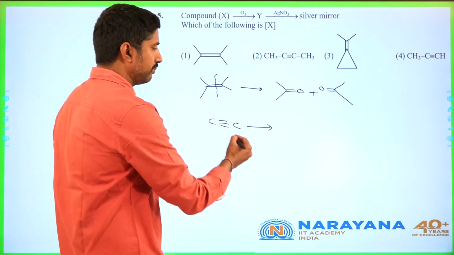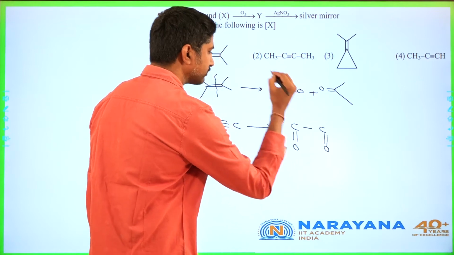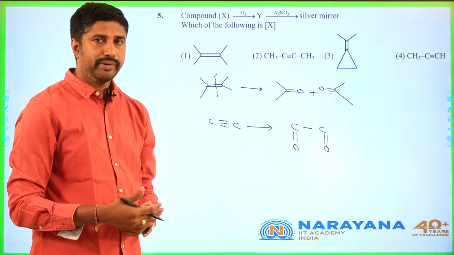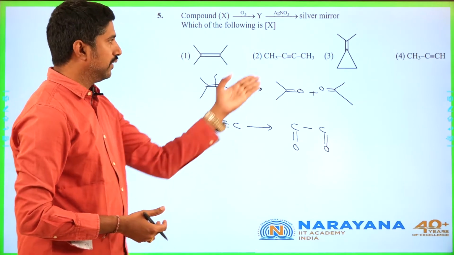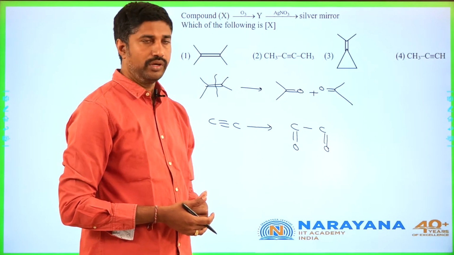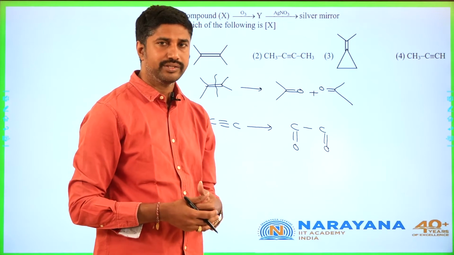C triple bond C will be converted into C single bond C, and you get double bond O as additional material. So the second compound gives a diketone, but not a terminal ketone. If it is a terminal ketone, that becomes an aldehyde again, and that can give the silver mirror test.